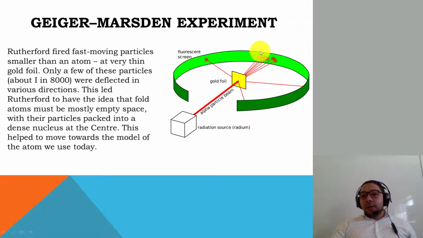That's why the alpha particles went through the golden foil. But small particles are found inside the atom, and when the positive alpha particle came across, nearby the nucleus, they made the alpha particle deflect.